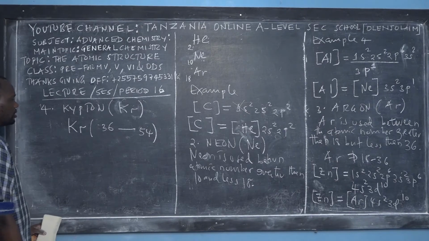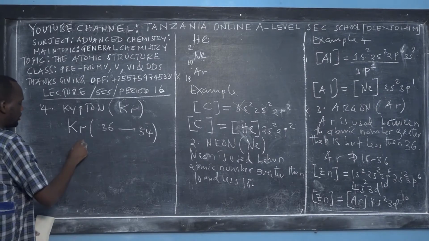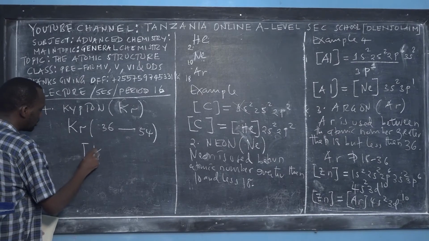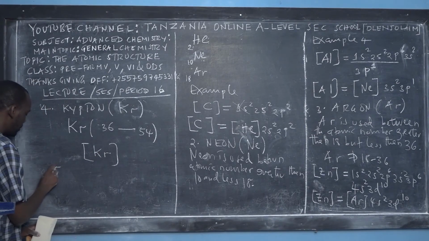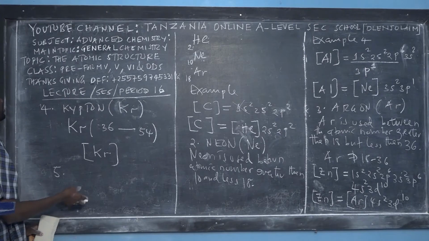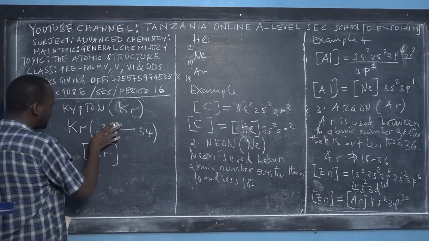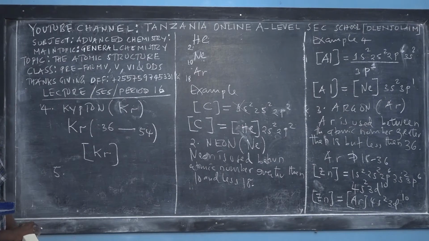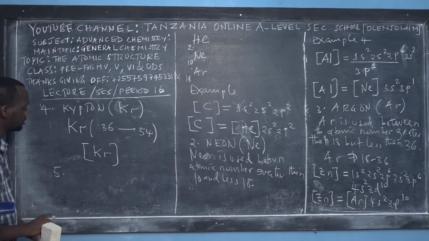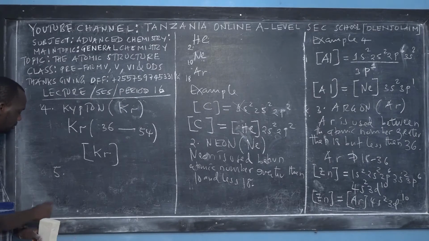So that is the range for krypton. The symbol of krypton is this. Then we go for number 5. In some scenarios, when you find that the atomic number is greater than this, then you have to think about what? Krypton. Then you come to what?